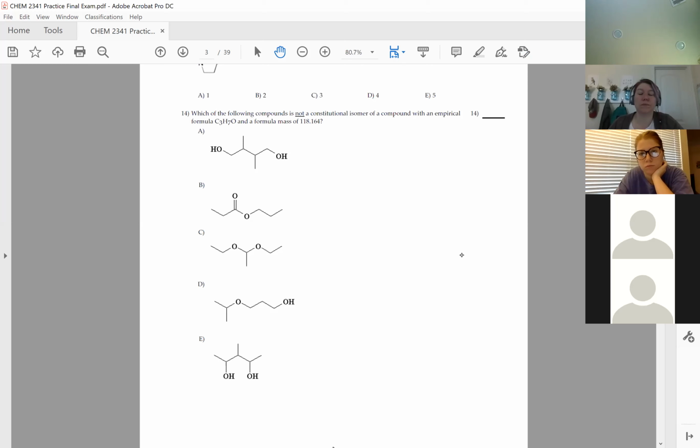Well, it's giving you also the formula mass. So you need to figure out how many iterations of C3H7O there are, because that's the empirical formula. This is kind of related to the stuff we did for mass spec.